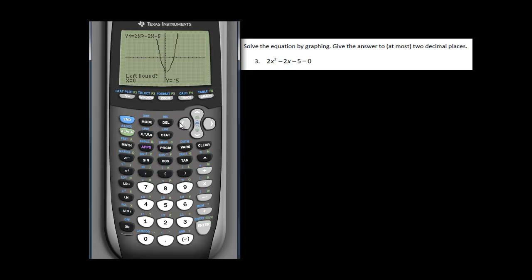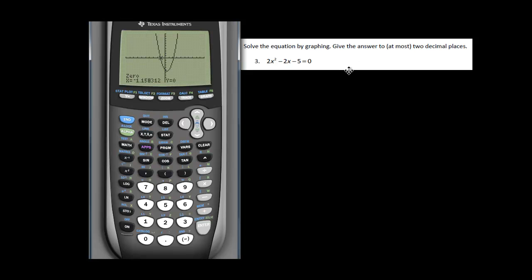So I'm going to scroll left to a space just above it. Hit enter. Second question is right bound. The right bound is going to be any space just after the x-intercept. So scroll till you go beyond that x-intercept. So you hit enter. And then you want it to guess, so you hit enter again.